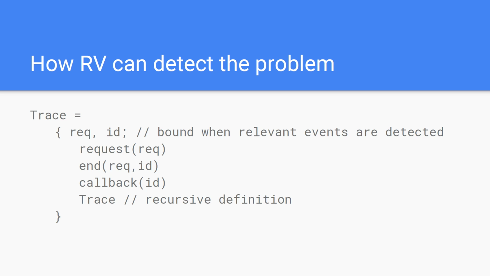And this will produce a unique identifier for that call, and this value will be used here when you want to be sure that the callback associated with the invocation of your method end will be executed. Then the specification, of course, is recursive because this can be repeated an arbitrary number of times.